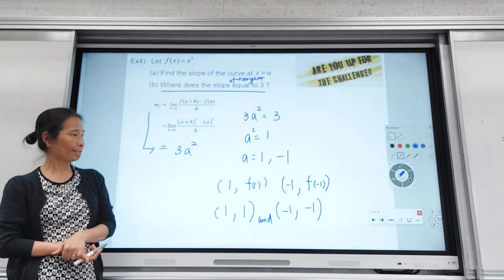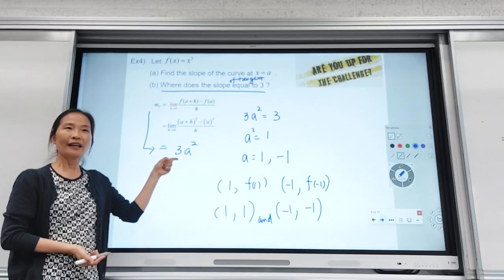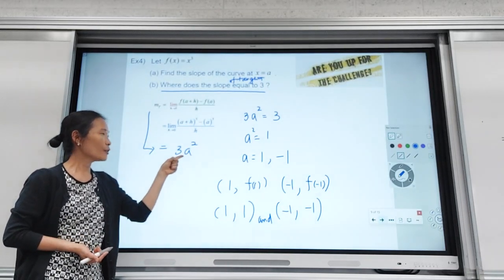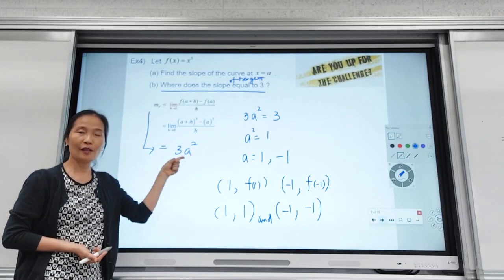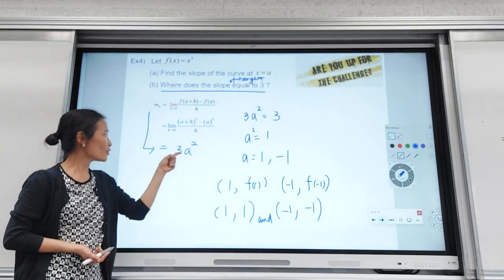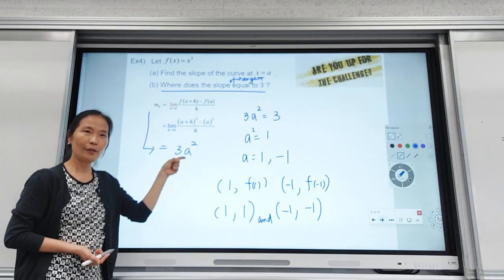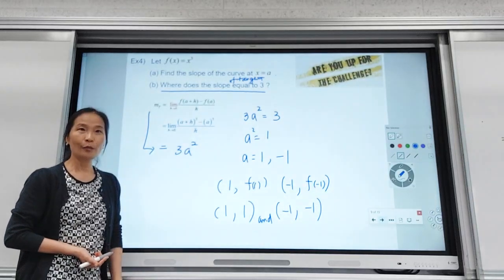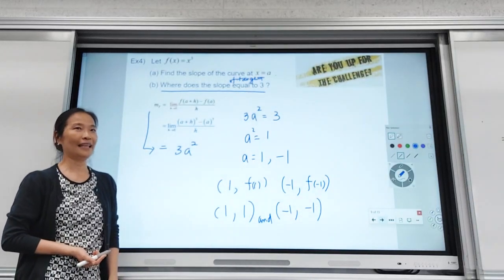So that's the slope function. I can substitute any value for a to find the slope at that particular point. When x equals 1, slope is 3. When x equals 2, 2 squared, slope is 12.